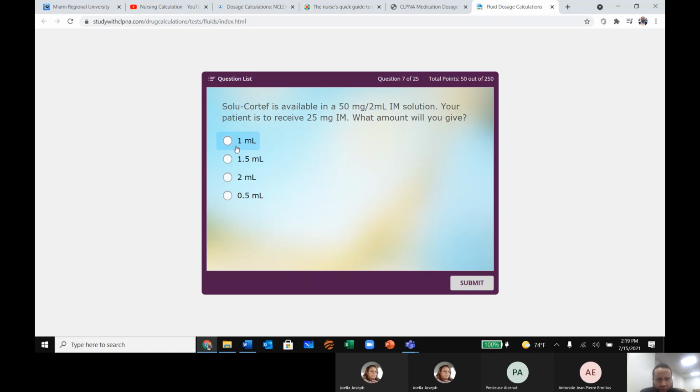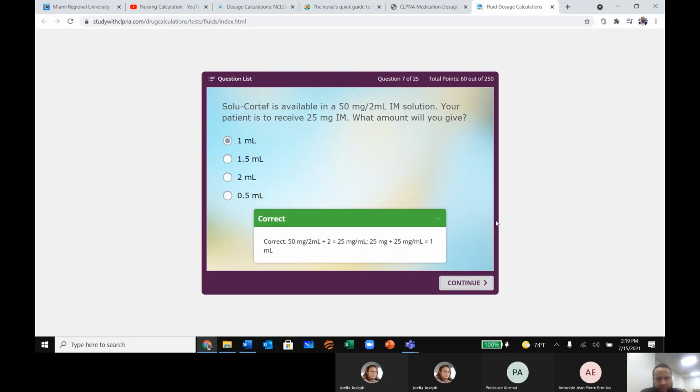One. Good job. It's 50 milligrams times 2 ml divided by 2, which we have 25 milligrams, and then we divide 25 milligrams divided by 25, which is 1 ml.